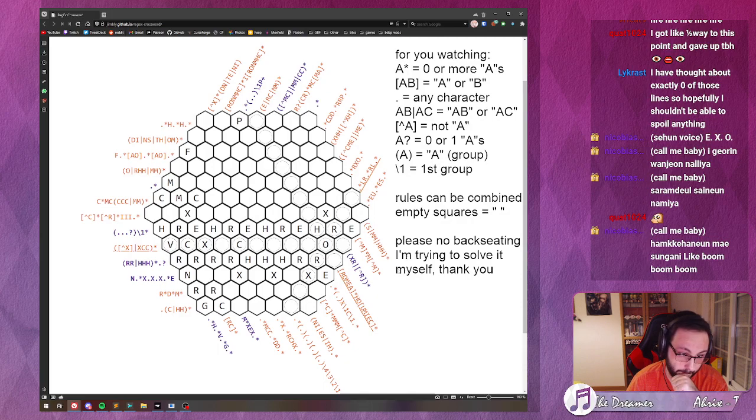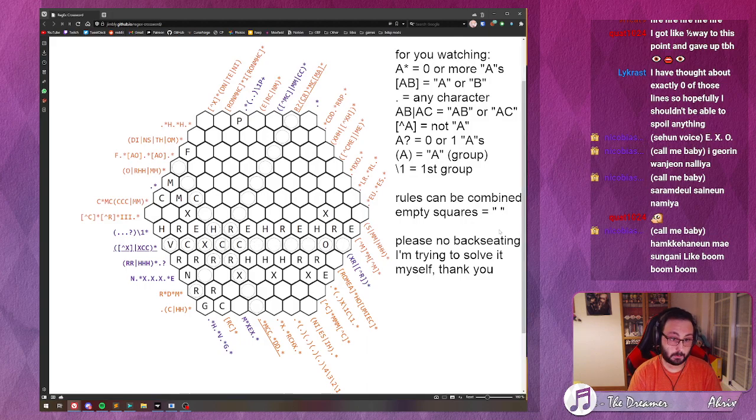Right, okay. There's an X, which forces a CC in front. There's XR, so this is not R. That's fine, we knew that before already.